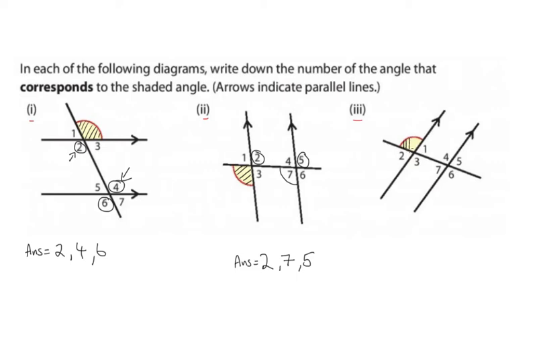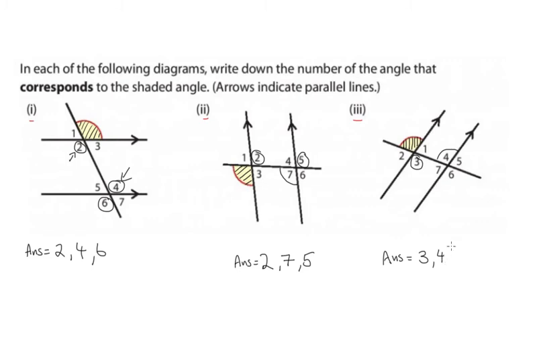And then over here we have our shaded angle. First thing we do is we circle our opposite angle. So the first answer is our opposite angle, which is 3. And then we can see, just like here, this shaded one is equal to this, number 4.